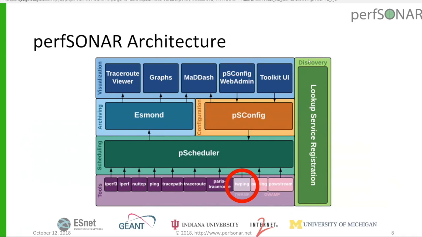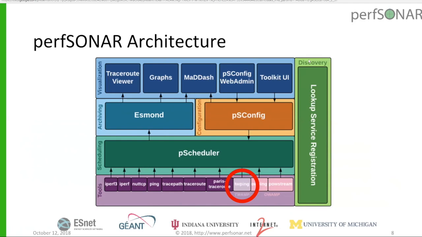So TWAMP is implemented as one of the tools, and it's the latest addition to our set of tools. The client is itself named TWPing, so that we are able to run tests against all the other types of TWAMP servers.